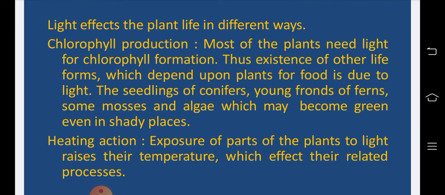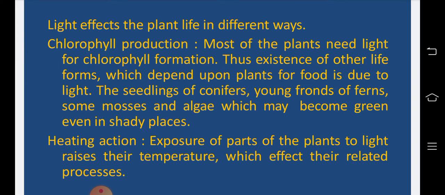Light affects plant life in different ways: chlorophyll production, heating action, and so on. In chlorophyll production, light is very essential. Most of the plants need light for chlorophyll formation.